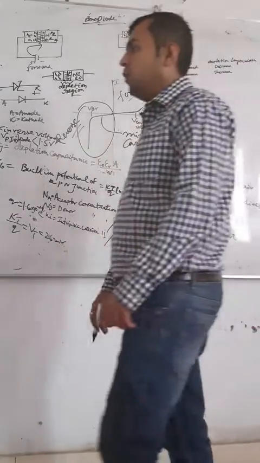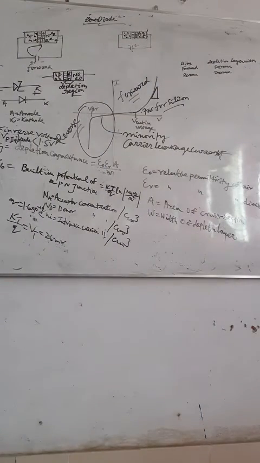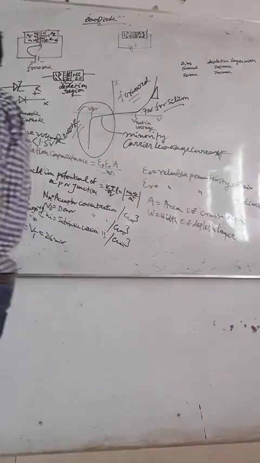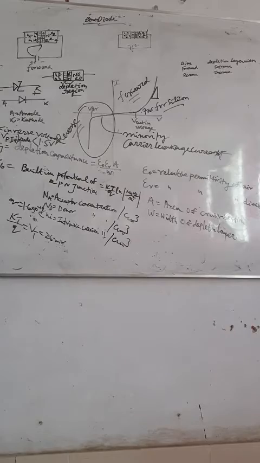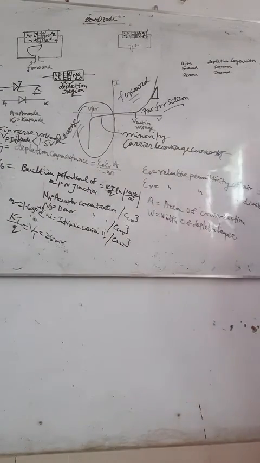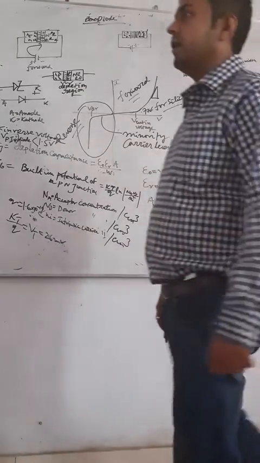Now those electrons will start to move through the Zener diode due to the presence of a strong electrical field. The problem is that the reverse current will increase.